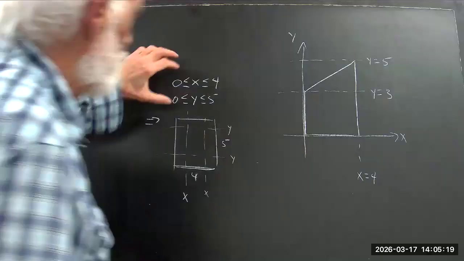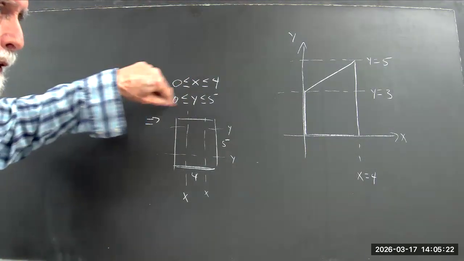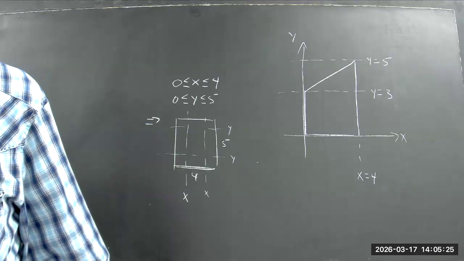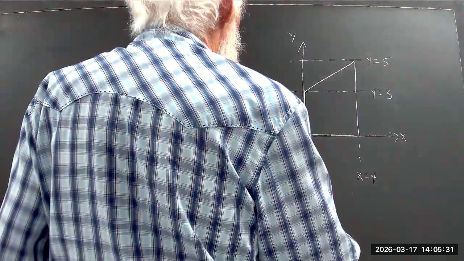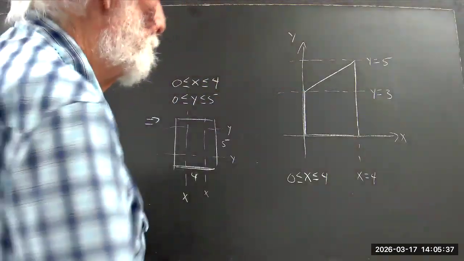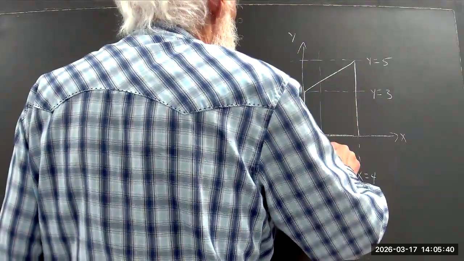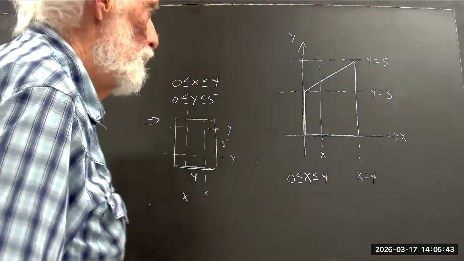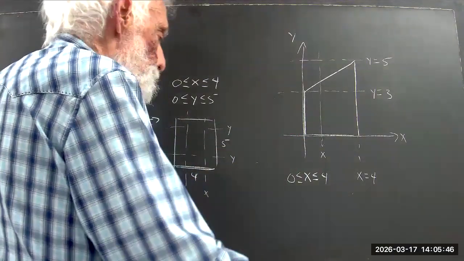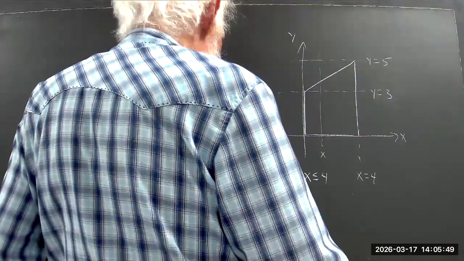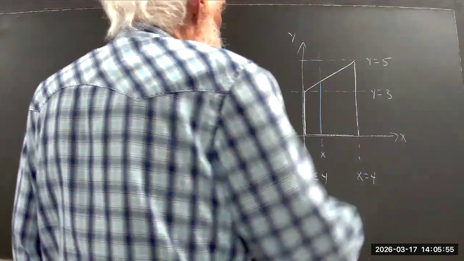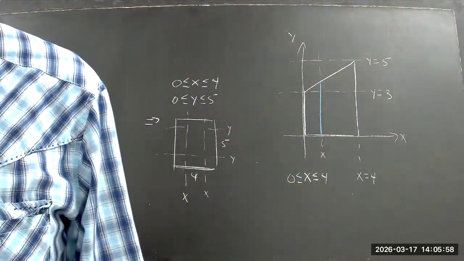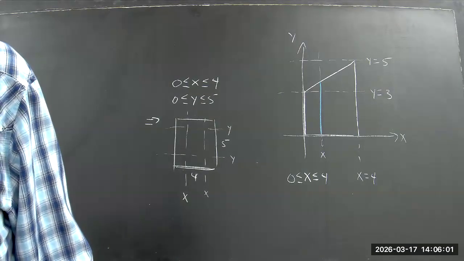I can't do that here. If I use fixed numbers in my inequality, that means I've got a rectangle. Over here, you've got to say, okay, well, 0 less than or equal to x less than or equal to 4. For every x between 0 and 4, I've got a straight line segment along that line enclosed within the region.